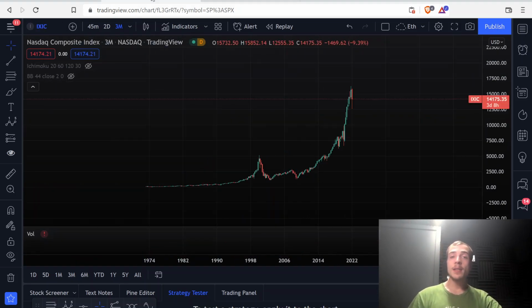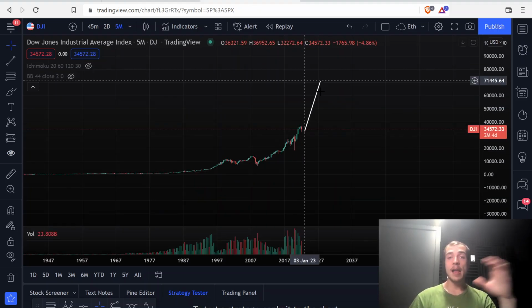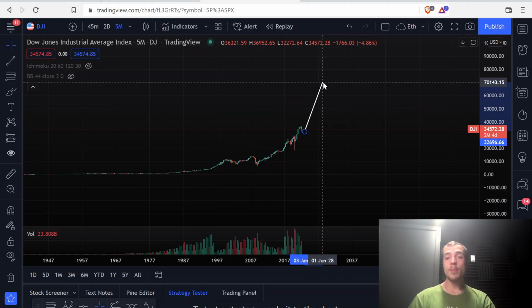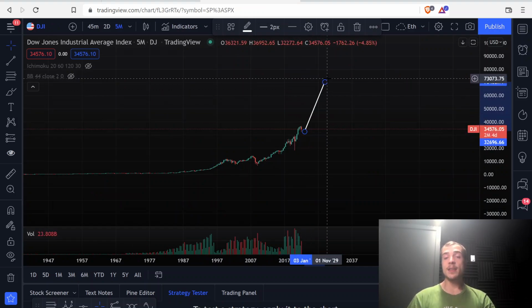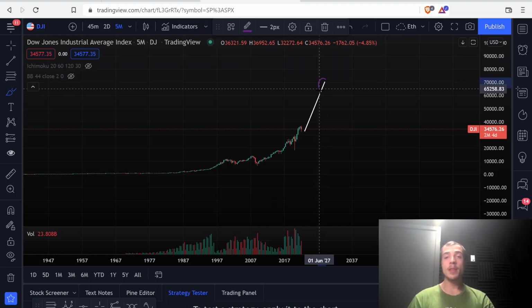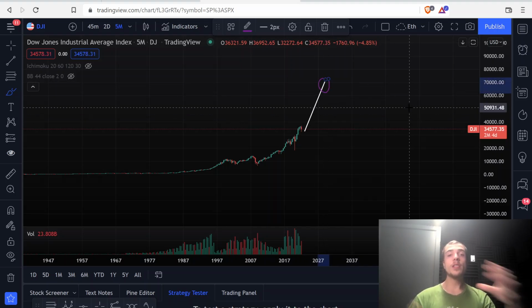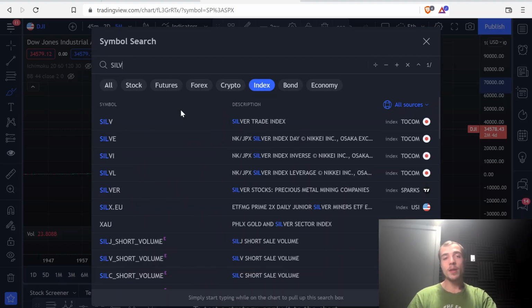And that will lead to basically the same exact environment that led to the roaring 20s, but also, as you can see, what happened in the 1930s was the Great Depression. You can see that around here would be 2030. So this is what I mean by the same environment conditions for that type of move.